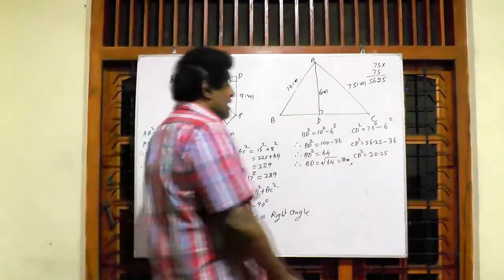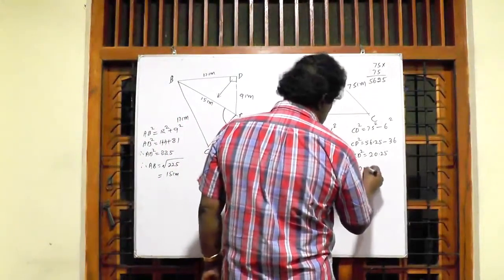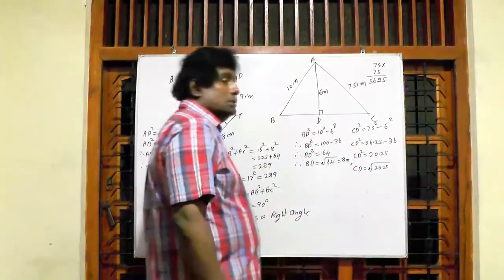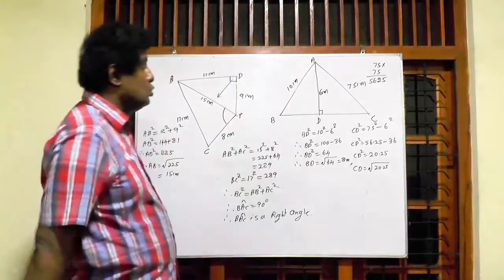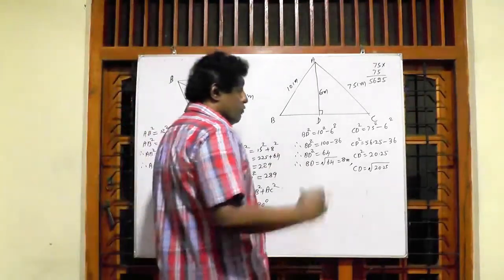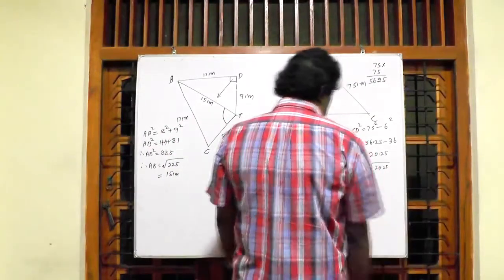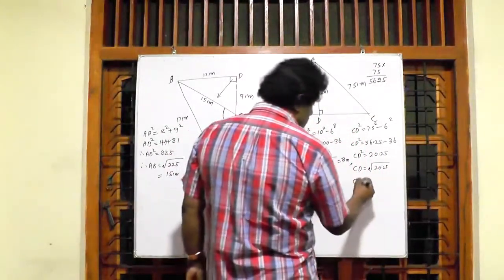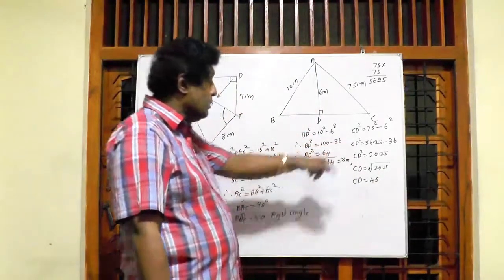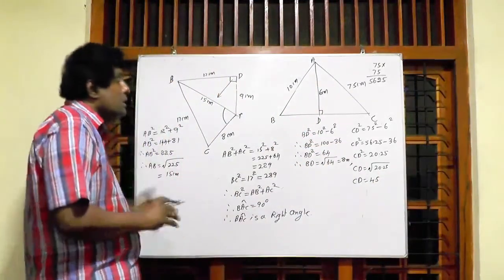Then does this value have a real square root? Actually, 45 squared is 2025. So CD equals 4.5. The square root of 20.25 is 4.5.